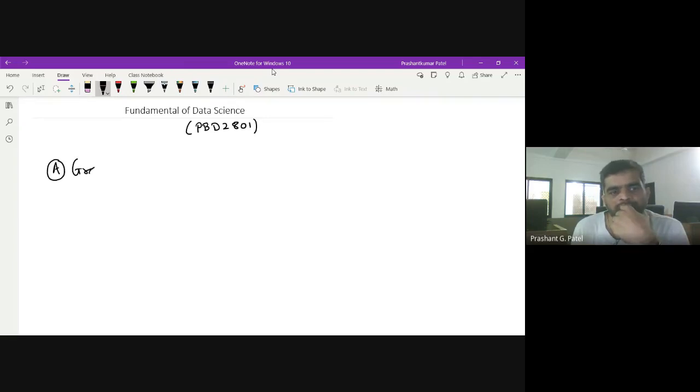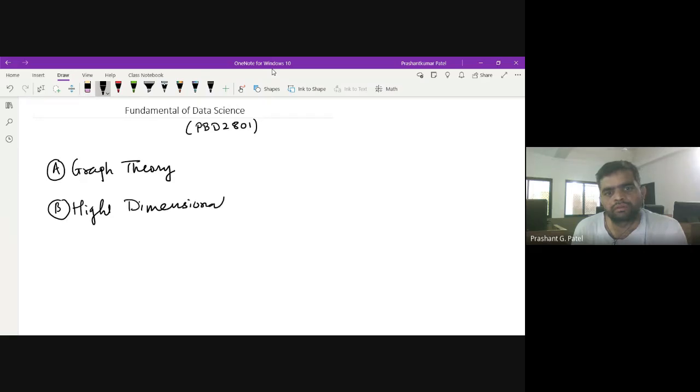The first one is graph theory. The second one is high dimensional spaces. The third one is random graph.